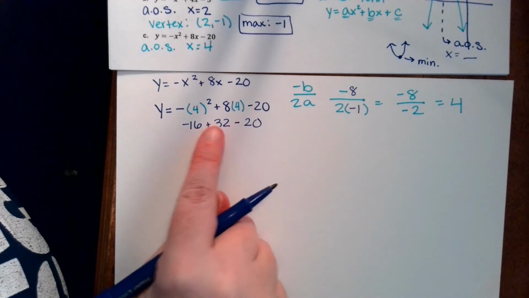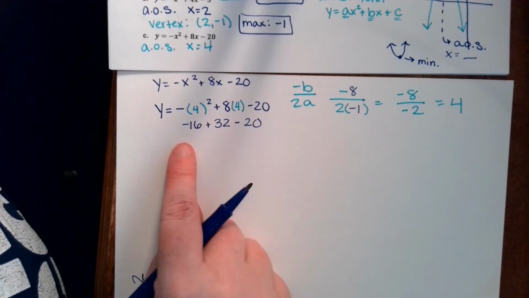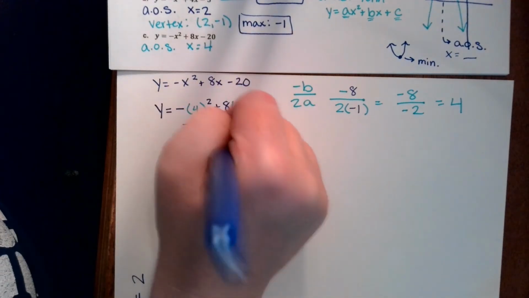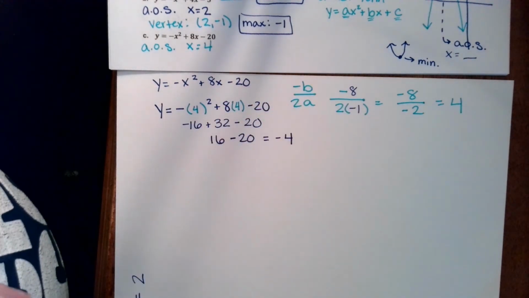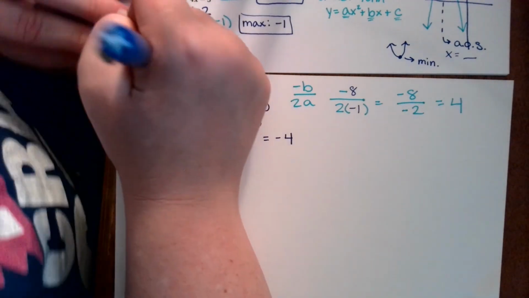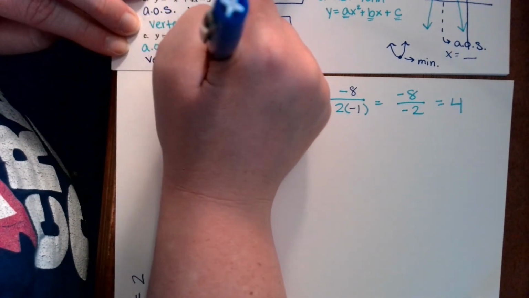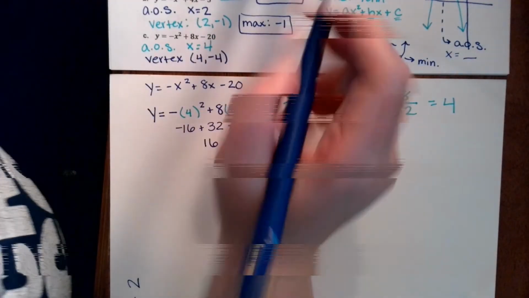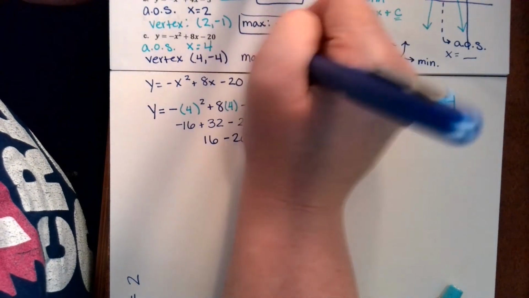Okay, so negative 16 plus 32 was the same thing as 32 minus 16, which is 16. So we should get 16, positive 16 minus 20, which will give us negative 4. So our x is 4 and our y is negative 4. So our vertex is 4, negative 4. Then this is negative. So that means we have a max, not a minimum. And our max is negative 4 here.